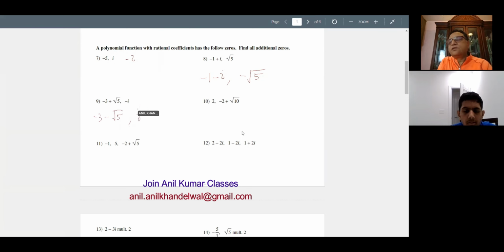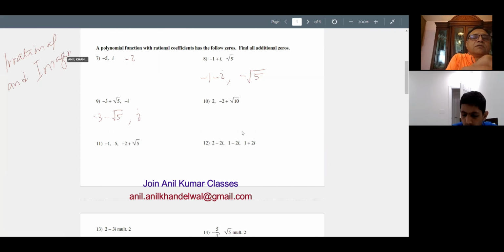So these are the additional two roots because they always exist in pairs. So irrational roots and imaginary roots always are in conjugate pairs.